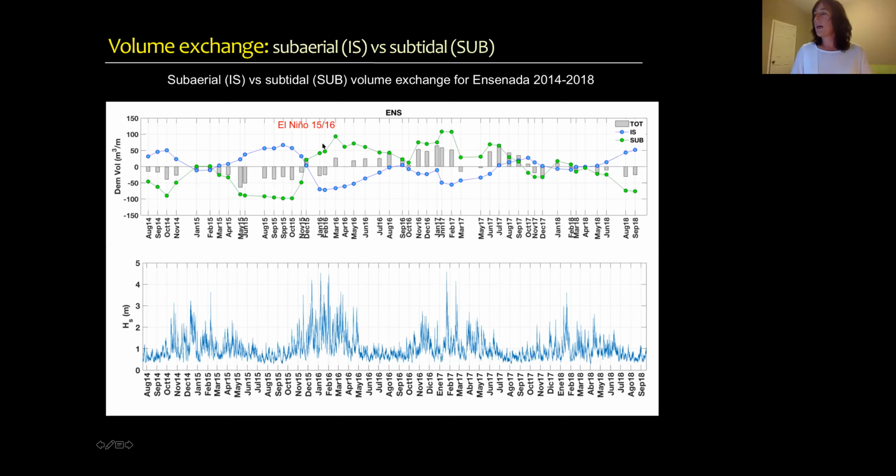If we look at the total volumes, I haven't plotted here the uncertainties related to the topographic and bathymetric measurements. We are now doing that. We have a rough idea that the uncertainty is around 25 cubic meters per meter.